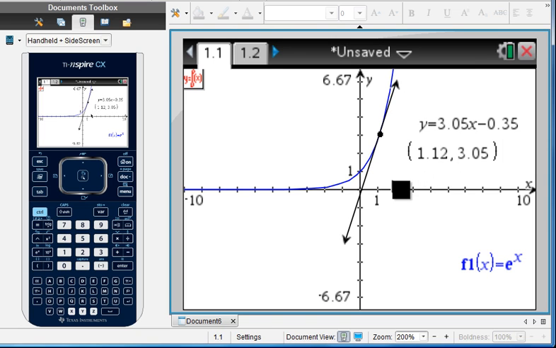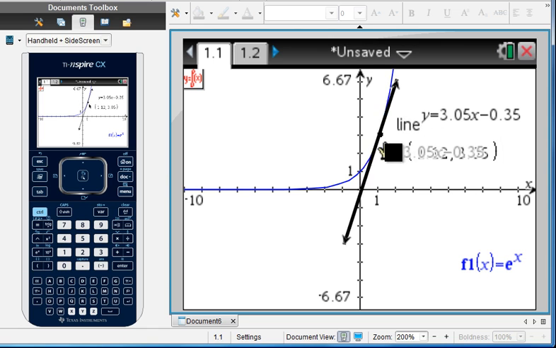And we can see the coordinates for this point: the x value is 1.12, and the y value, if we go to the left here where we meet the y-axis, is 3.05. And this is the equation of the tangent going through this point. We can see that this is the slope, or the m value, and it's 3.05.